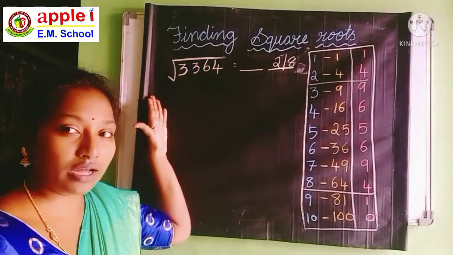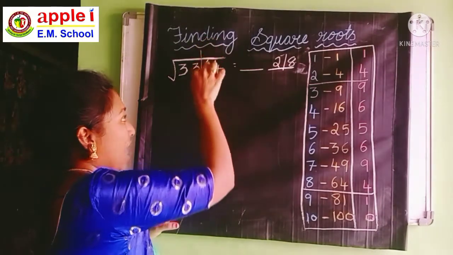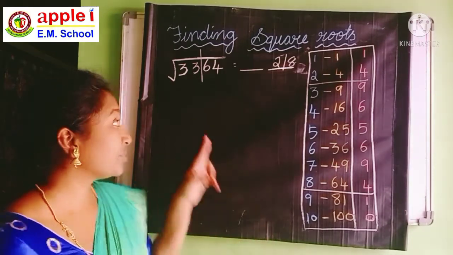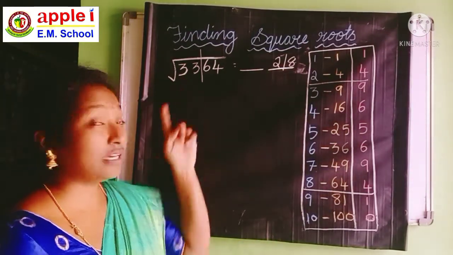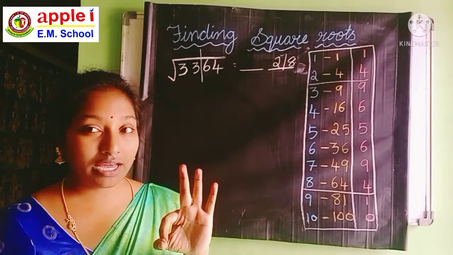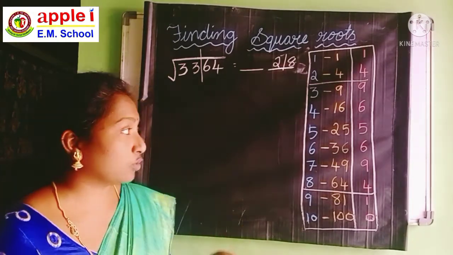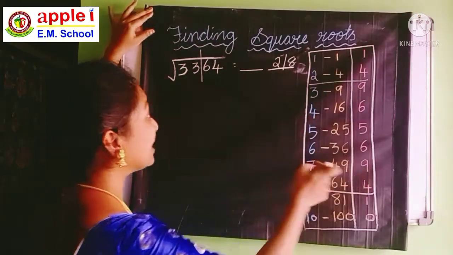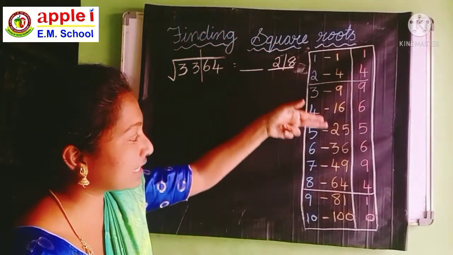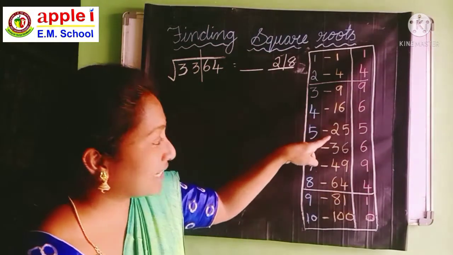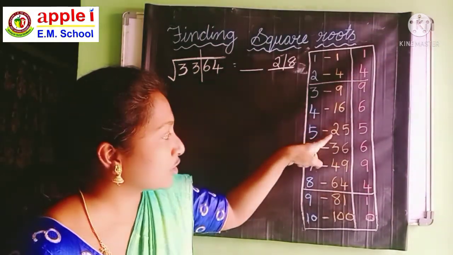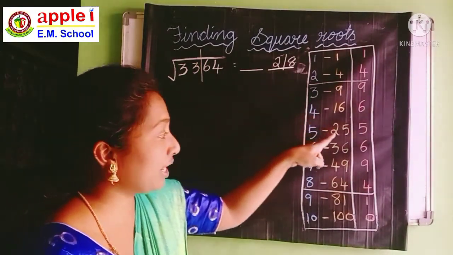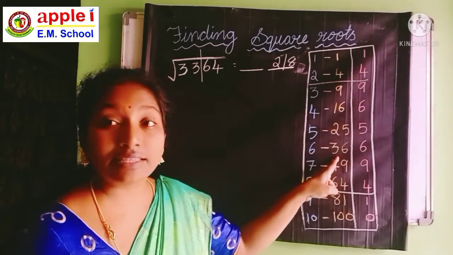Next, ignore the last 2 digits. See the remaining digits: here we have 33. Let us check where 33 will fall among these squares. 33 will fall between 25 and 36.